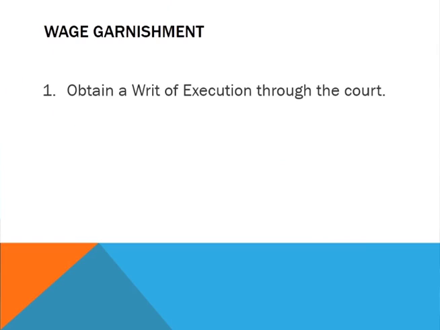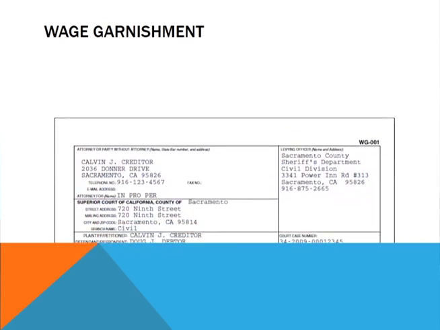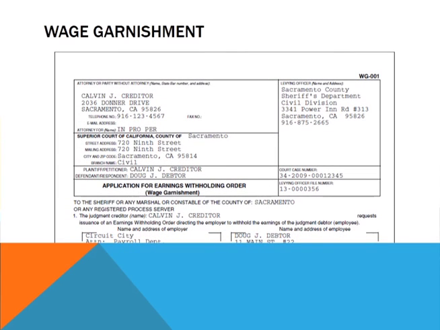So you obtain your writ of execution through the court, and you need to complete an application for earnings withholding order, Form WG-001. The caption on this is going to be just what you would expect, except for the levying officer. That's going to be the sheriff in the county that you got your writ of execution for.